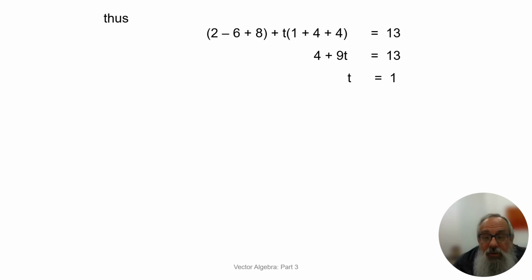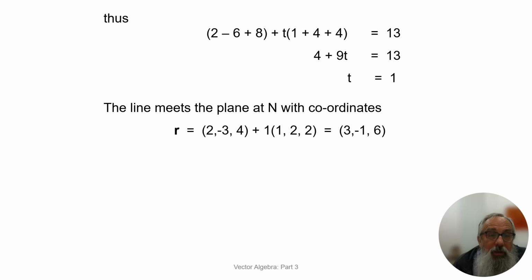Comes out to be t equals 1. We put 1 into the line equation to get the coordinates of where it crosses the plane. So this is a line normal to the plane where it crosses the plane at 3, minus 1, 6, and it goes through the point P at 2, minus 6, 8.